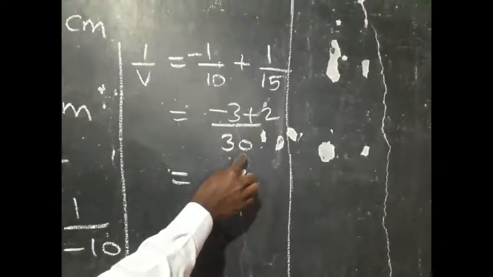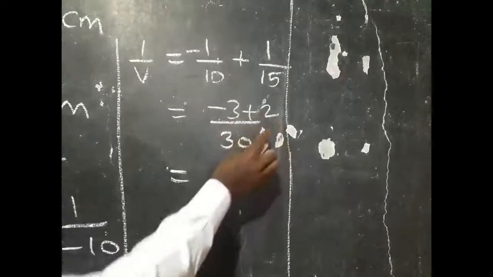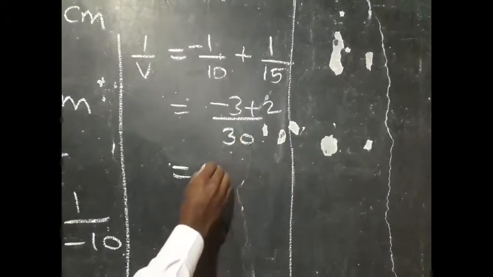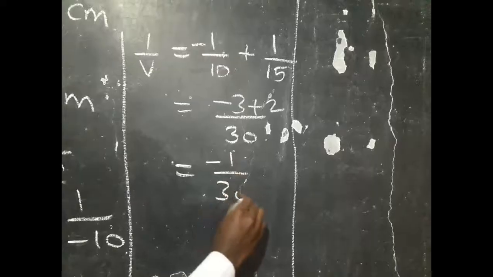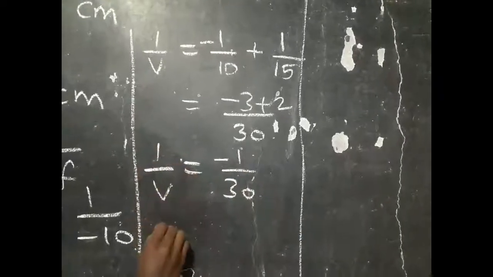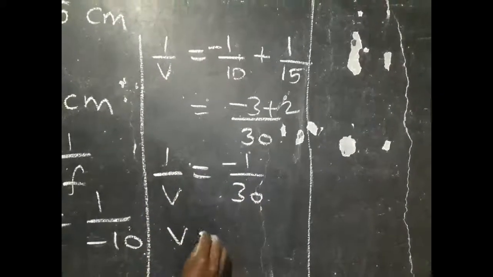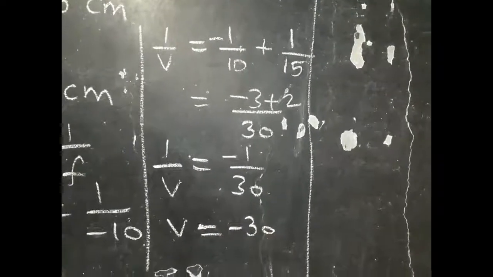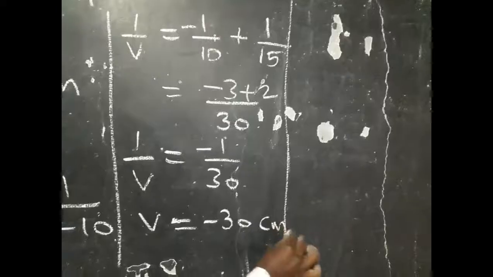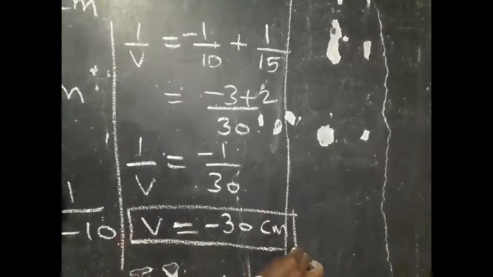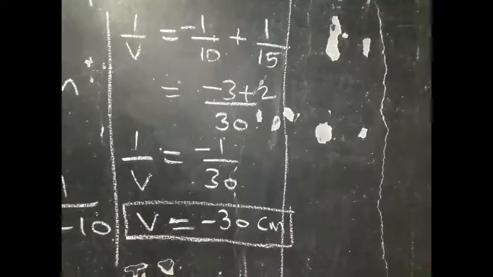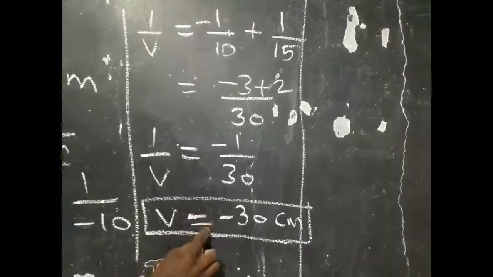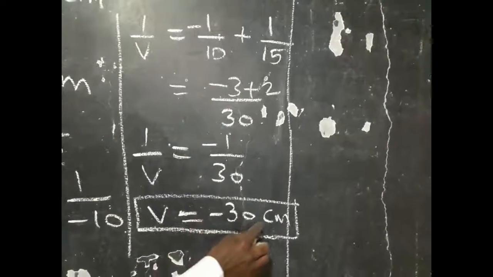So minus 3 plus 2 divided by 30. What is the answer? Minus 1 divided by 30. So 1 by v is minus 1 by 30, therefore v is equal to minus 30 centimeter. Thus the image distance is minus 30 centimeter.